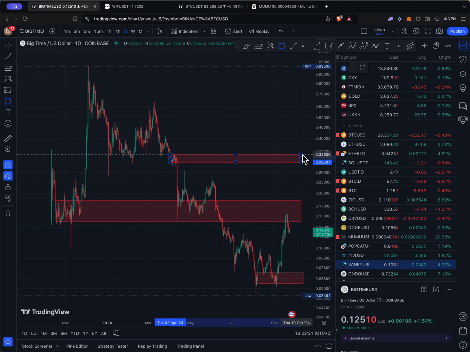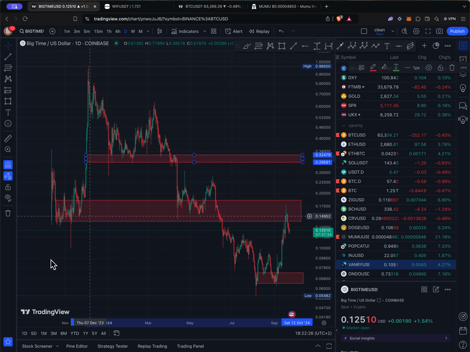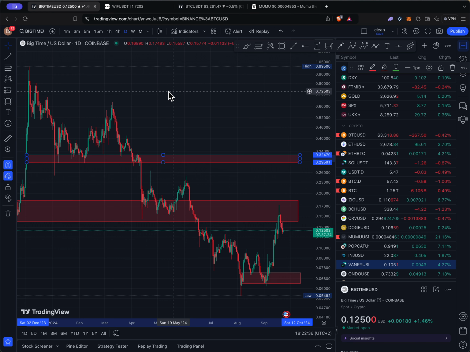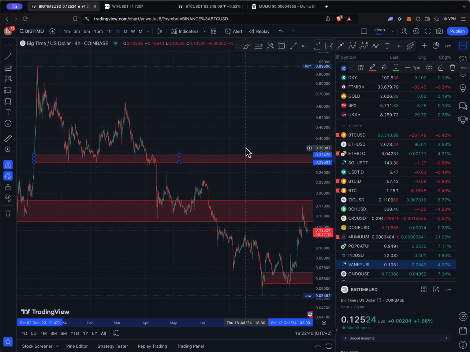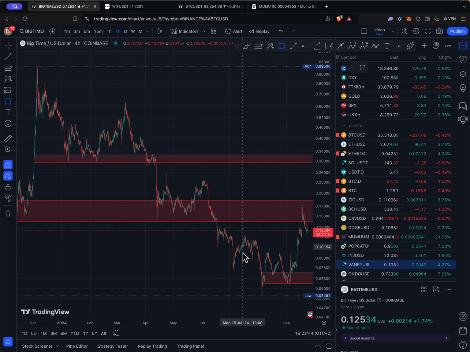This also comes from, well, that doesn't have that much value. And on lower time frames, let me check. Yes, on lower time frame we have this one.